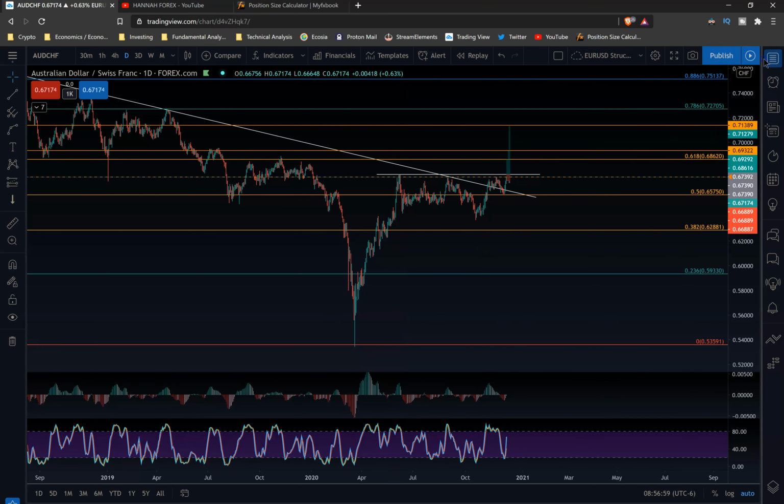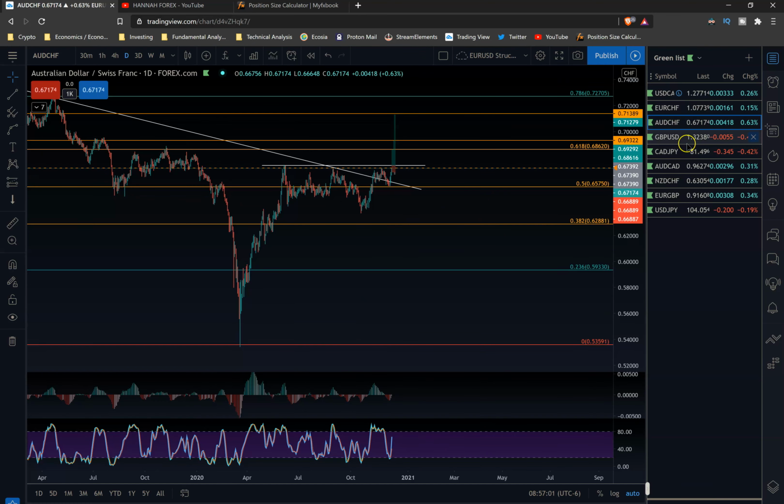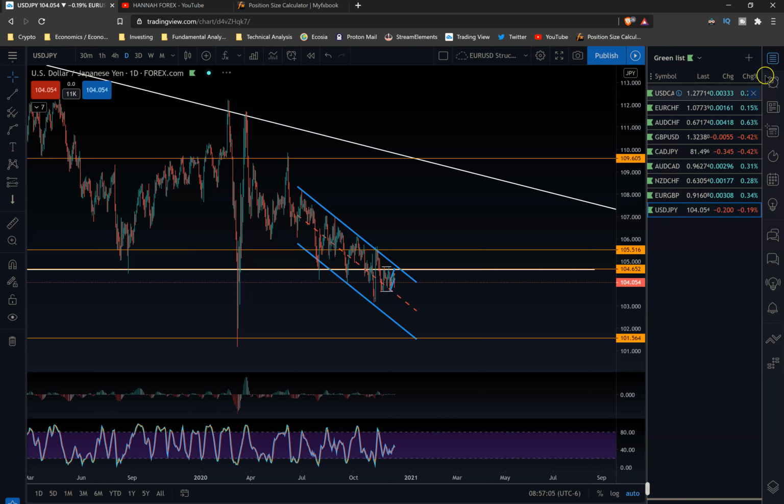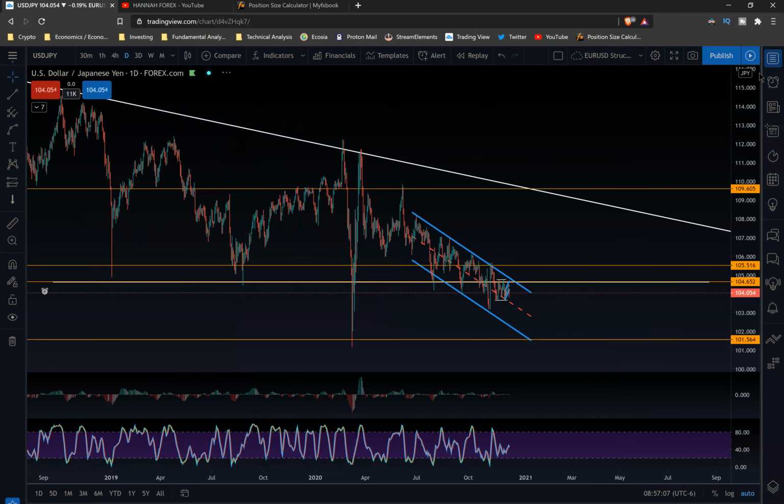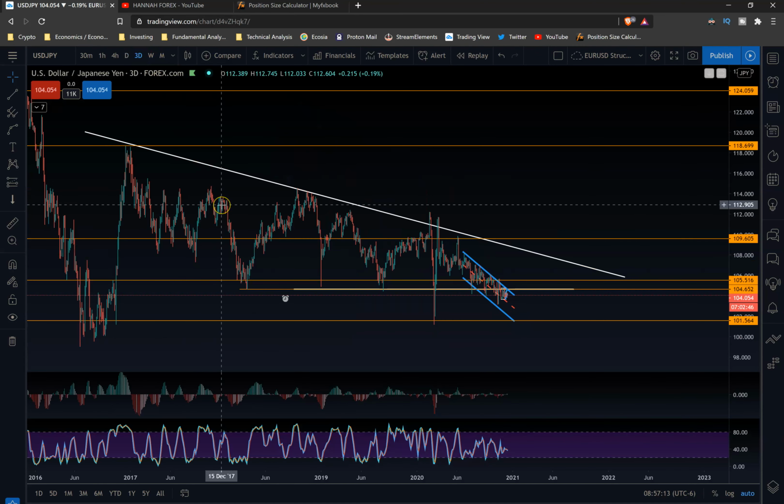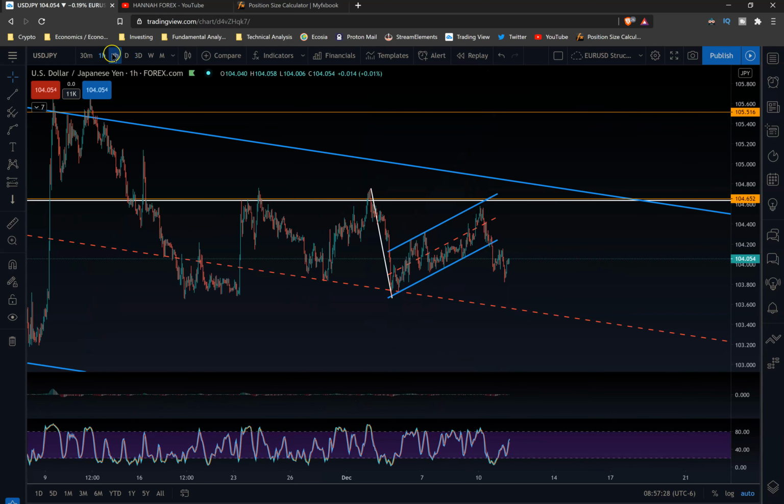And the third pair I want to look at is the dollar yen. Me and the dollar yen has had a nice dance so far. Let's look at the 3-day. The dollar yen has been in this declining right angle formation pattern since January 2017.